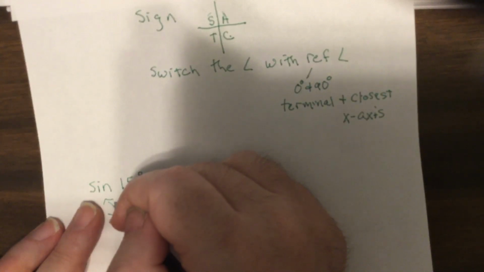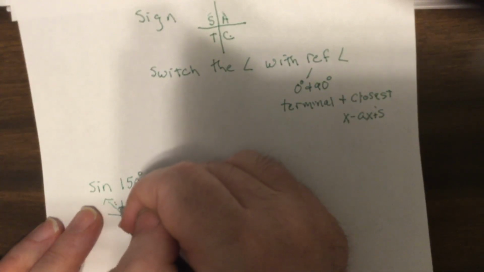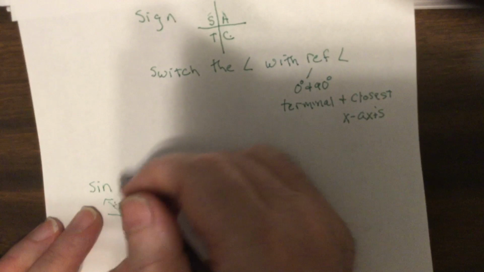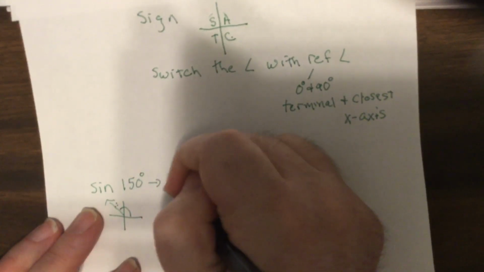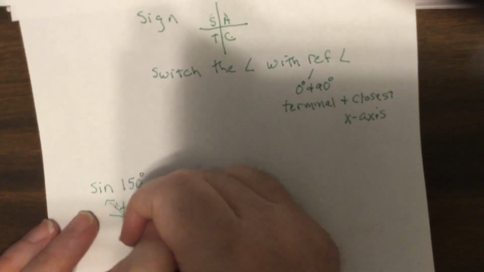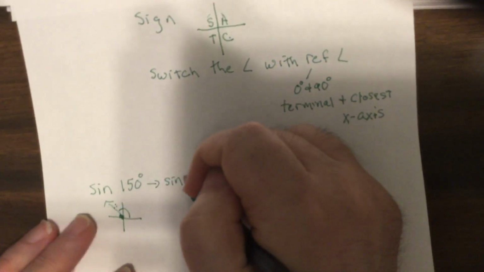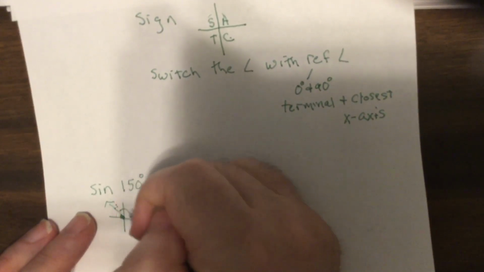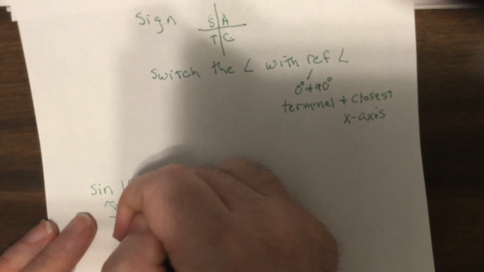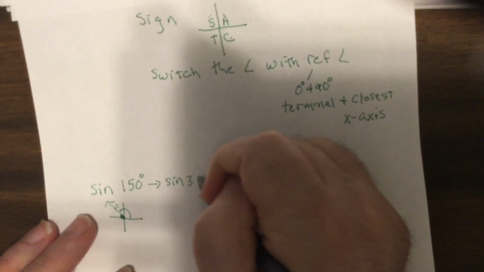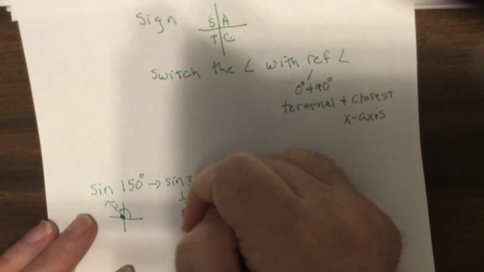Sine is positive in the second. Sine is y over r, and y is going up, which is positive. So therefore it's positive, and the reference angle is the angle made with the terminal side and the closest x-axis. So that would be 30 degrees, because it's 150 to here, it'd be 30 to complete it. And the sine of 30 is a half.